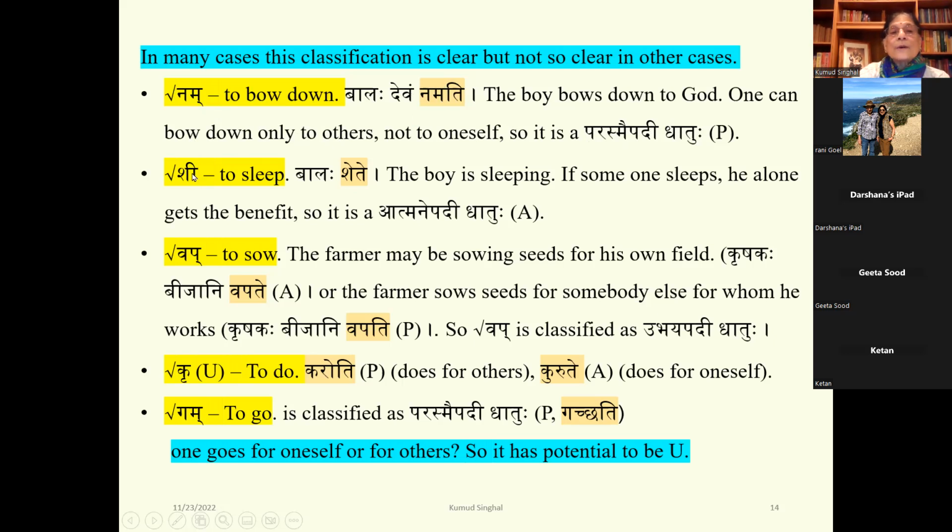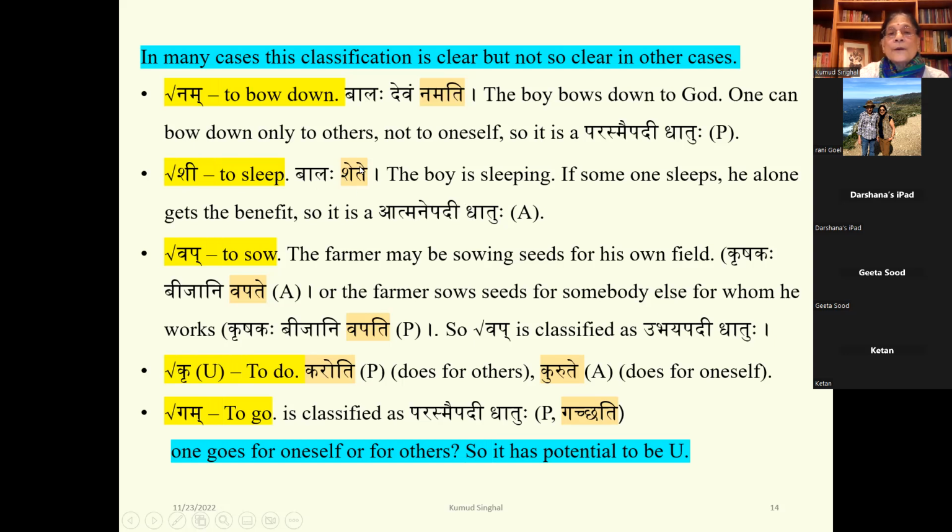Now, let's look at the dhatu shi. Shi means to sleep. Balah shete. The boy is sleeping. If someone sleeps, he alone gets the benefit. So this is an atmanepadi dhatu.